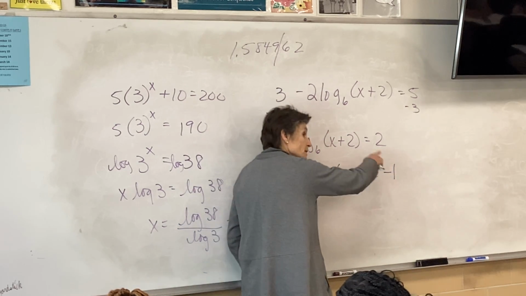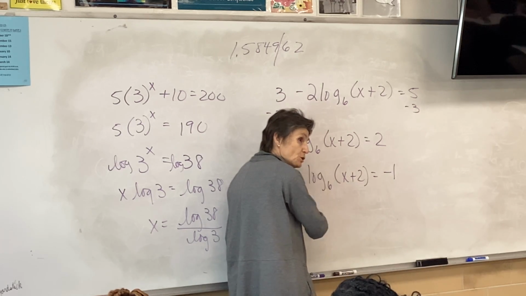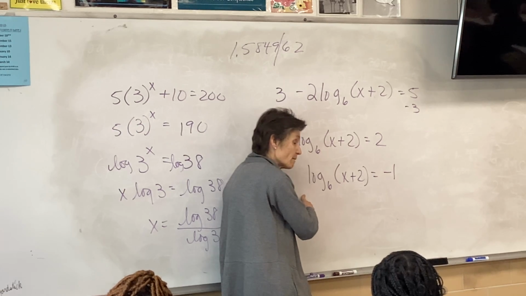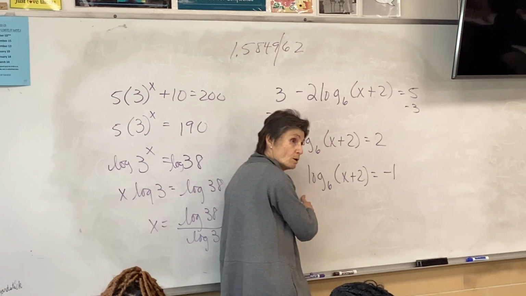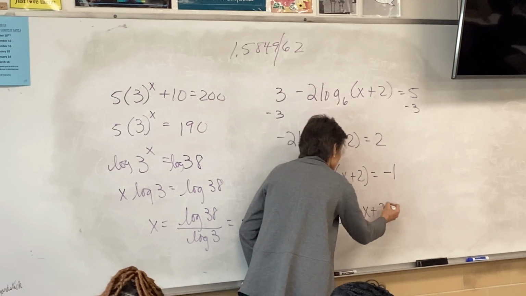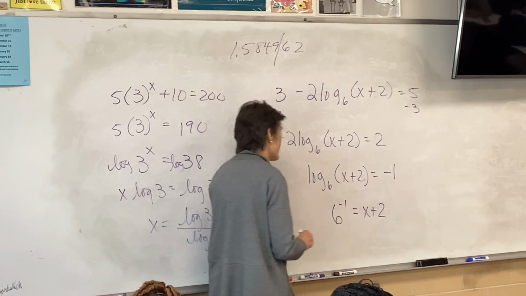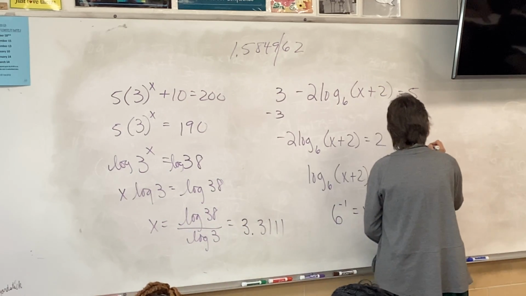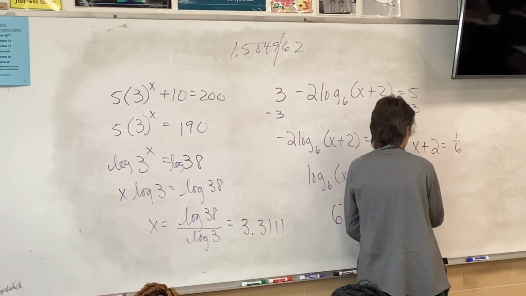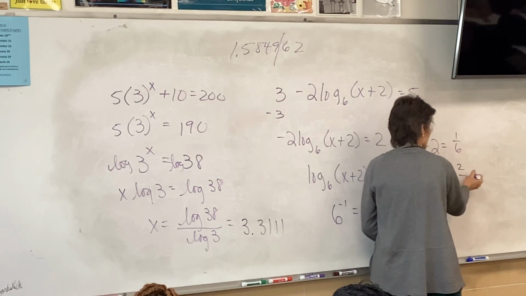So we're gonna loop-de-loop. That's what we do when our equation looks like this. Call it whatever you want, but it's that loop-de-loop motion. So 6 to the negative first equals x plus 2. What's 6 to the negative first? 1 over 6. So x plus 2 equals 1 over 6. So x equals 1 over 6 minus 2.